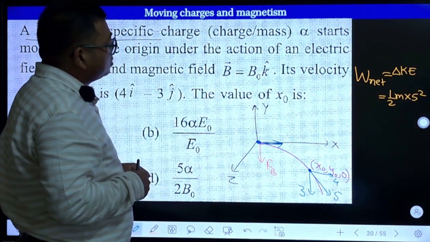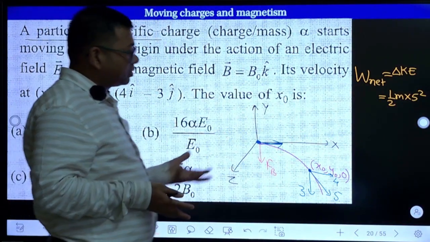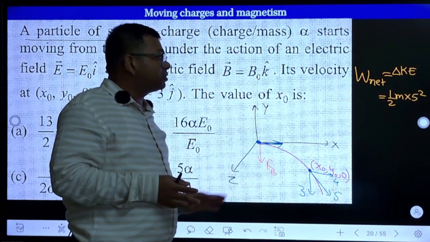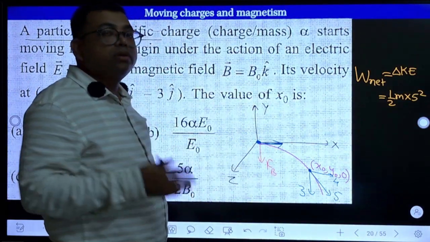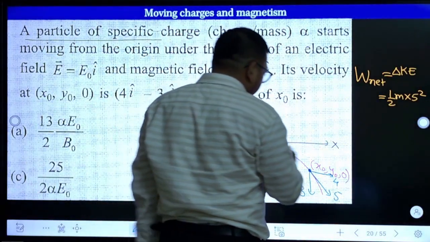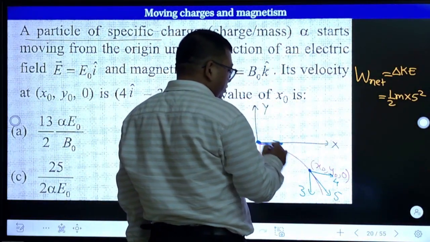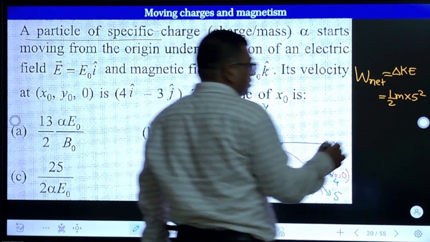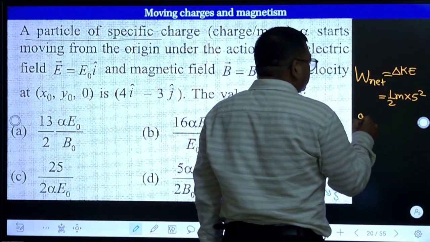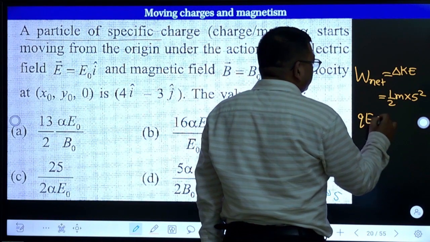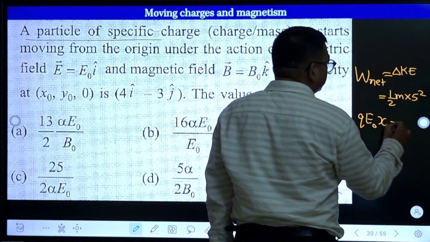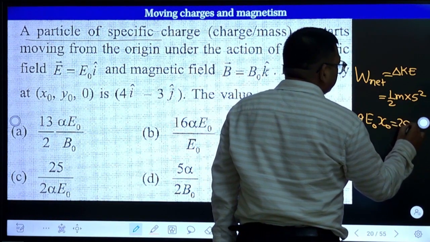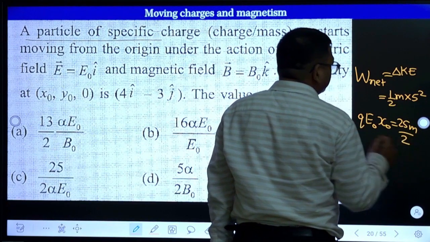Initially the speed was 0, so the change of kinetic energy is the work done, and work is done only due to electric force. So the electric field is acting in this direction, the displacement is x naught, and the electric force is constant: charge into electric field into distance x naught. So this equals 25 m by 2, correct?